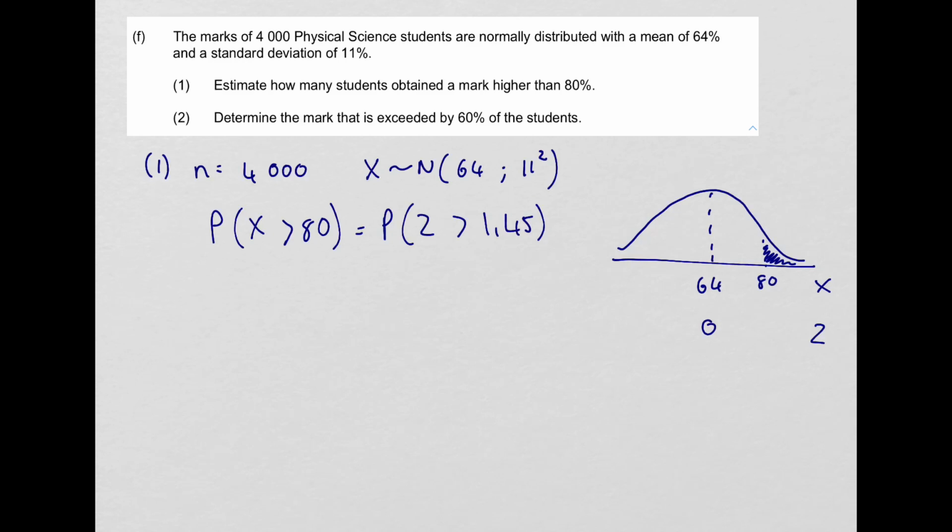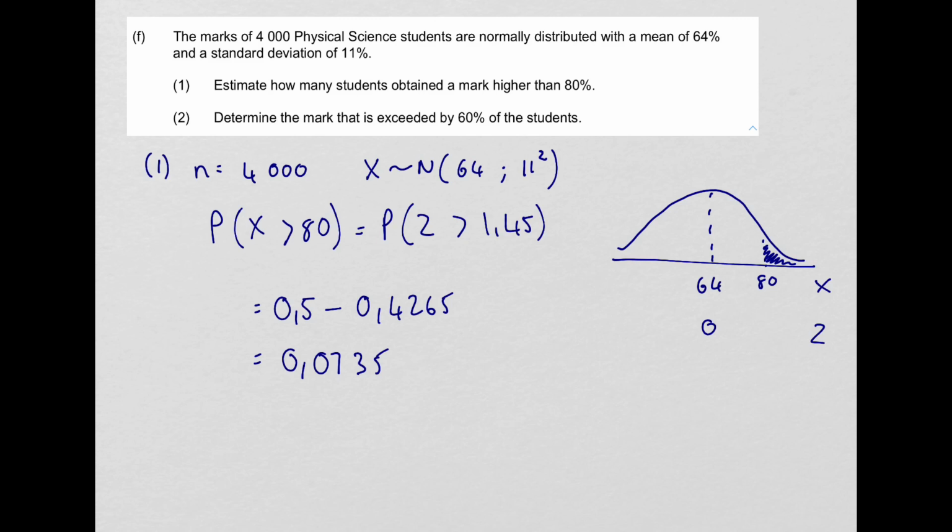Okay, so subtract that from 0,5, but we've got to also find the corresponding area on the table. So that means it's going to be equal to 0,5 minus, and now you look for your area using your z-score of 1,45. So that gives us an area of 0,4265. So the probability is 0,0735.